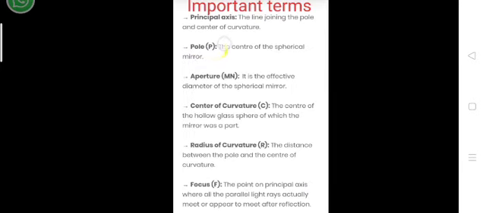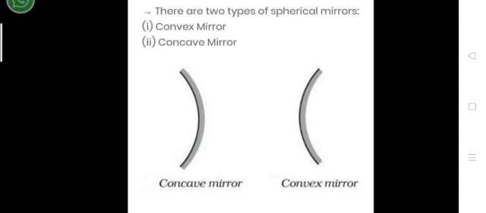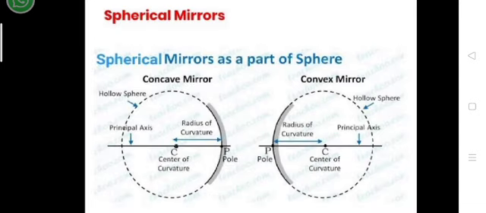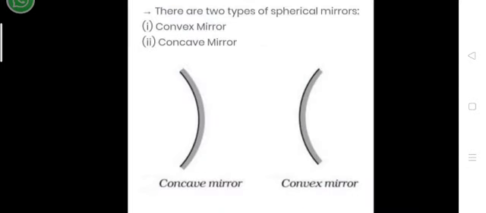Aperture is the effective diameter of the spherical mirror. This part of the mirror is known as the aperture.